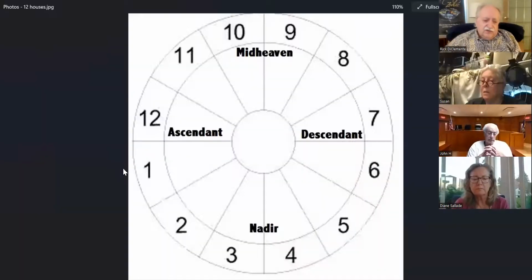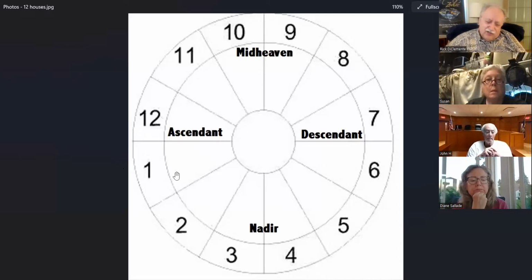Okay. So a person who has planets in the first house is kind of hard to understand because it's so basic. A planet is stronger in the beginning of the house. So a planet here is very powerful in the first house, and it weakens as it moves through the rest of the first house.